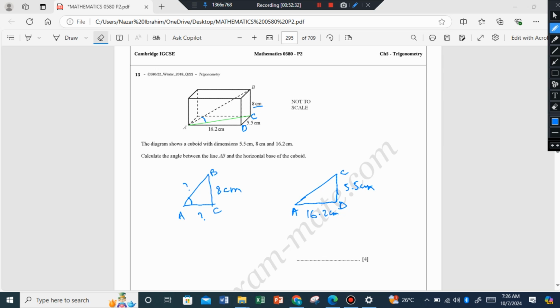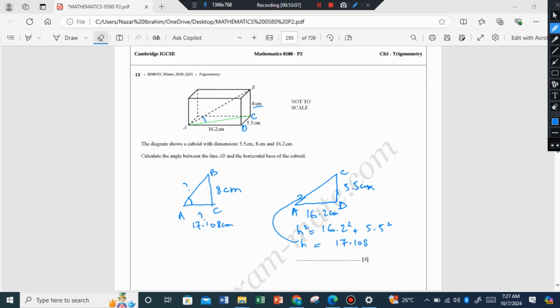So using Pythagoras theorem, solve this. Hypotenuse square is equal to 16.2 square plus 5.5 square, right? Which will give me, when I take square root, hypotenuse as 17.108, right?